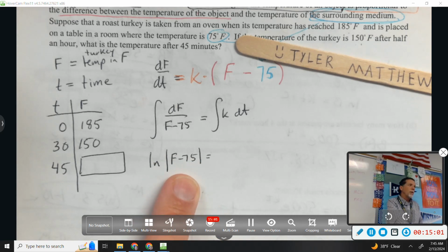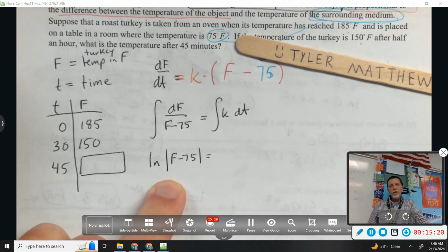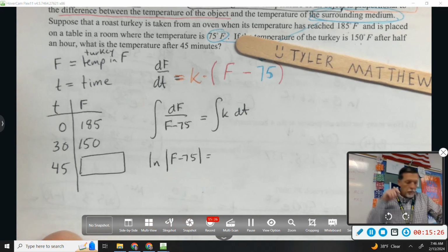So I don't have to worry about the absolute value bars, because the temperature of the turkey is not going to dip below the temperature of the room, right? That'd be kind of wild. That would violate all sorts of science laws if it got colder than the room it was sitting in. So officially, mathematically, I need the absolute value bars, but it's not going to matter for this problem because we're not going to go below the temperature of the room.